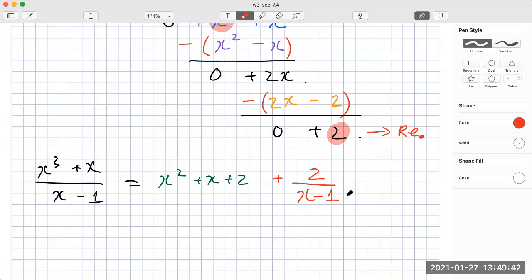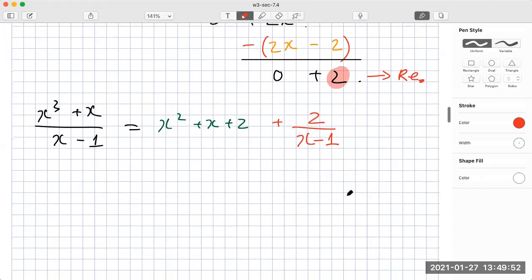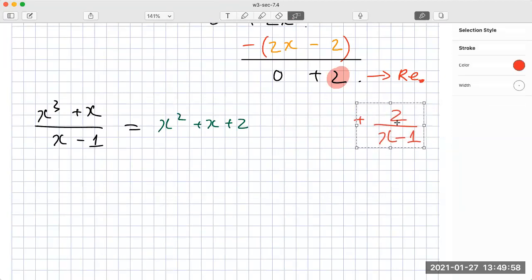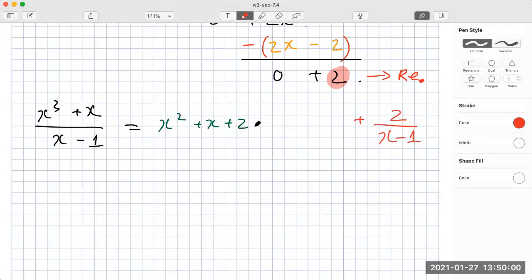How do we know that our computation is correct or not? Yes, we can double check it, right? If you want. What you can do, just imagine this guy is a term, we multiply with 1, which is x minus 1 here, right?